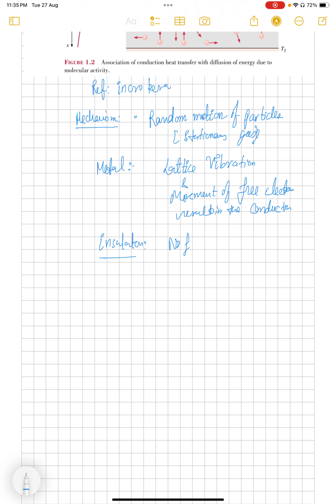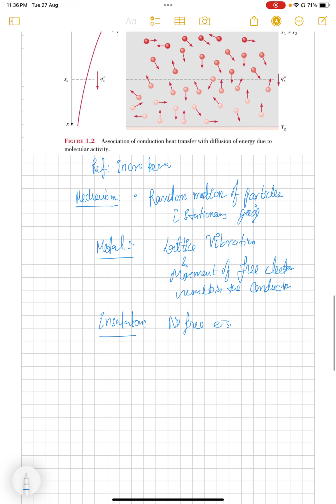So in solids, generally the conduction is because of lattice vibration and movement of free electrons. In insulators there are no free electrons, so there is very poor conduction.